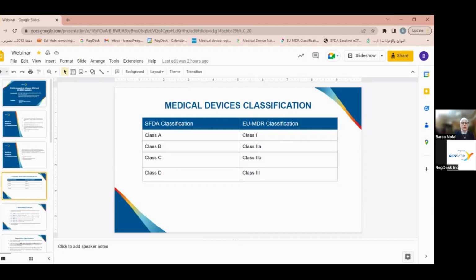Then class B, C, and D are the risk levels. For example, class B is low to moderate, class C moderate to high, and class D is high, which is the same for EU MDR: class 1 is low, class 2A low to moderate, class 2B moderate to high, class 3 is high.